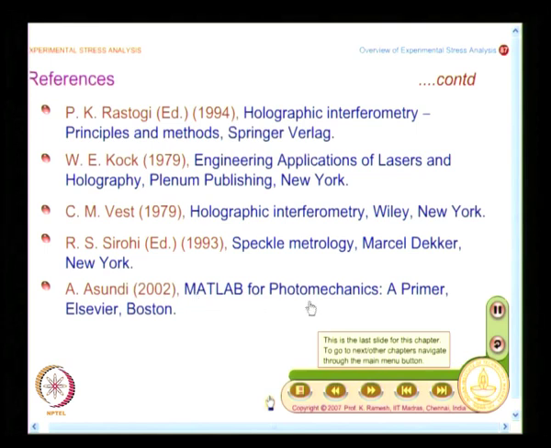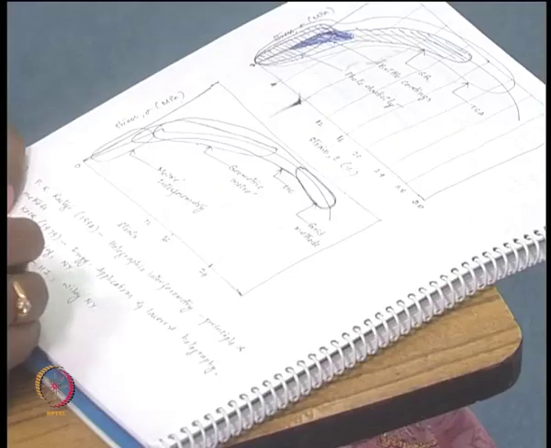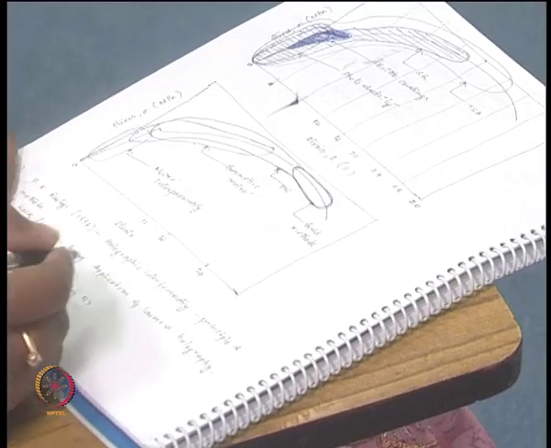They are used in several interferometric methods, and all these interferometric methods use a CCD camera as an electronic eye, and image processing is done, and for many of these image processing applications MATLAB could be advantageously used. That is why Asundi has come up with a book on MATLAB for photomechanics, and this is also an interesting book.